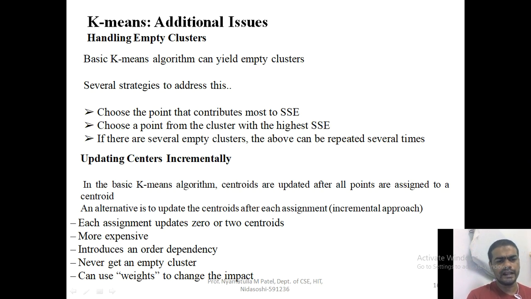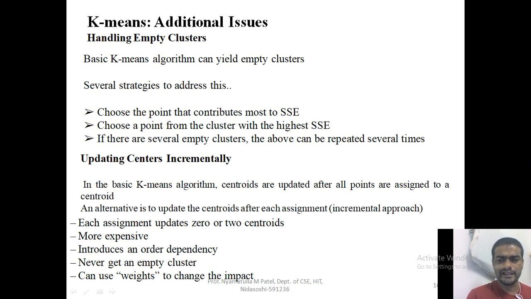Another point is updating centers incrementally. In the basic k-means algorithm, centroids are updated after all the points are assigned to a centroid. Initially we take a centroid point and form a cluster.